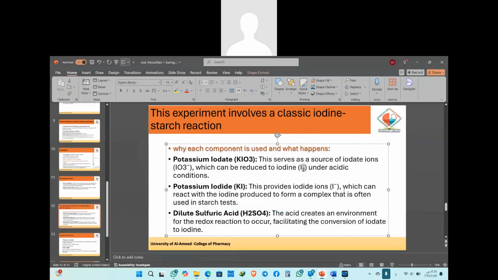This provides iodide ion, which can react with the iodine to form a complex that's often used in starch test. Dilute sulfuric acid creates an environment for reduction to occur and facilitates the conversion of iodate to iodine.